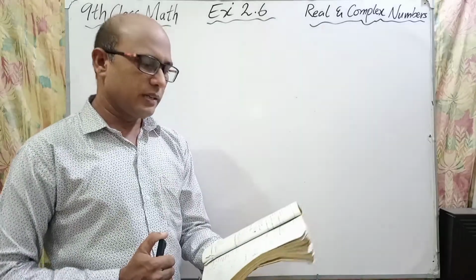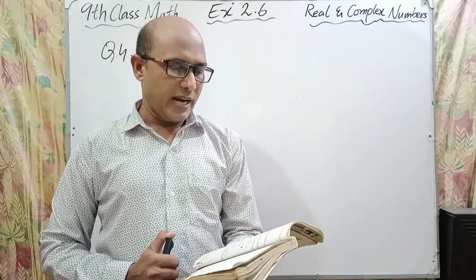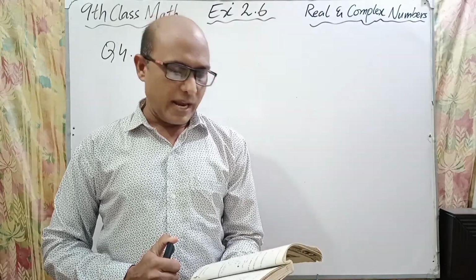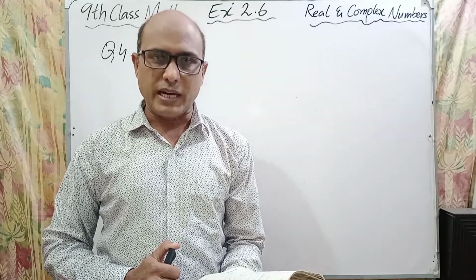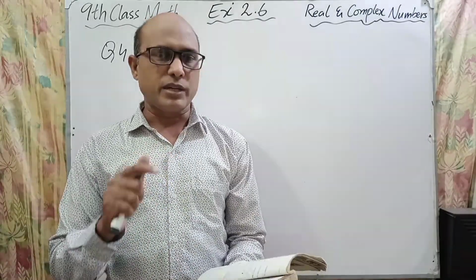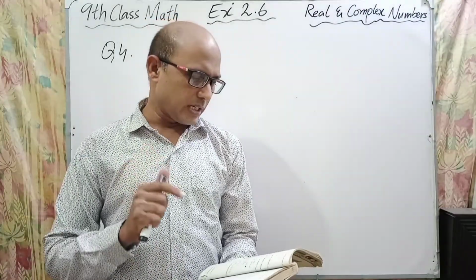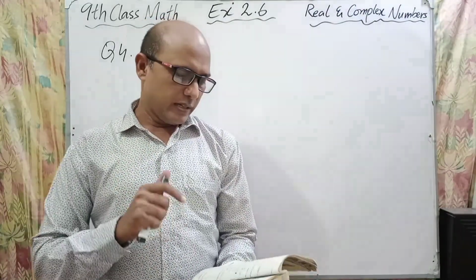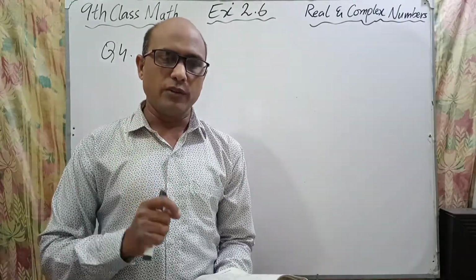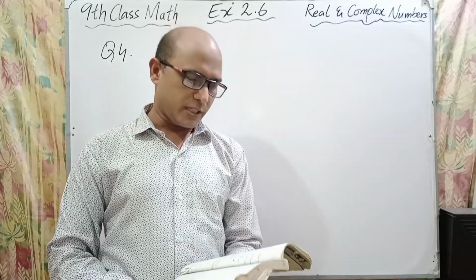In question number 4, it is written, simplify and write your answer in the form a plus b iota. Students, the statement of the question is the same as question number 2 and question number 3. But in this question, the parts which we will solve are a bit difficult ones. So let's begin.